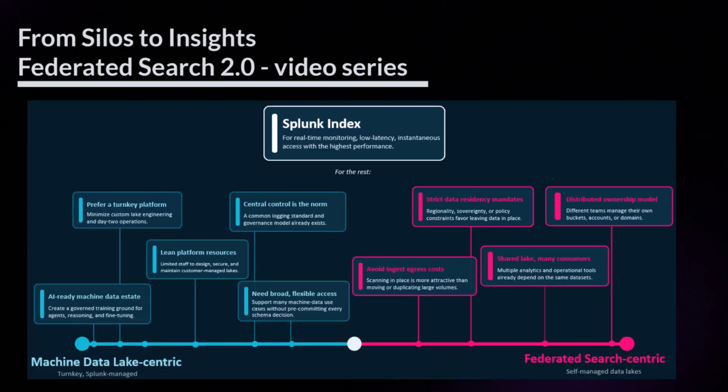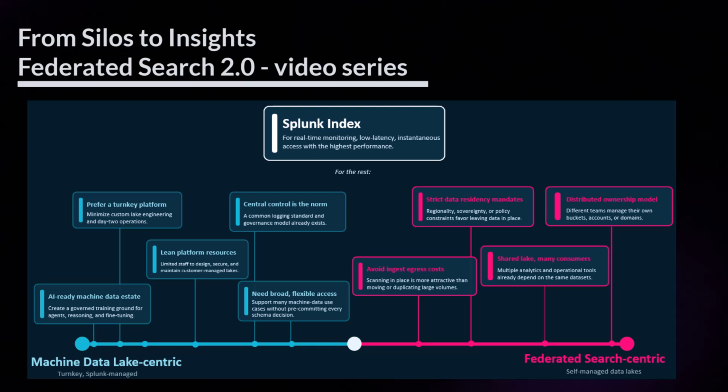No matter where your data lives, it's important not to think of this as an either-or decision. Instead, think of it in terms of which approach tends to play the primary role for a given customer or use case. On the left are environments where Machine Data Lake is often the center of gravity, usually because customers want a turnkey, Splunk-managed approach, less custom lake engineering, and a strong AI-ready machine data foundation.